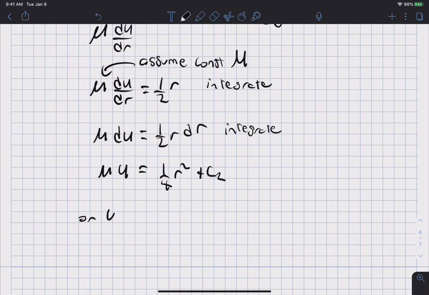Or u, which is a function of r, is equal to 1/(4 mu) r squared plus c2 over mu.